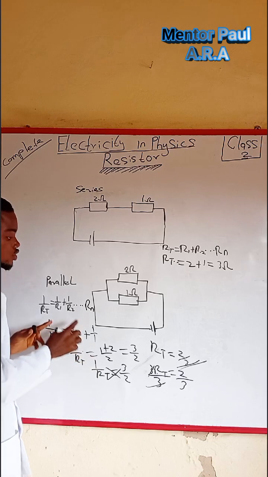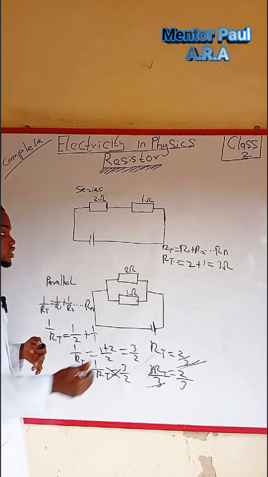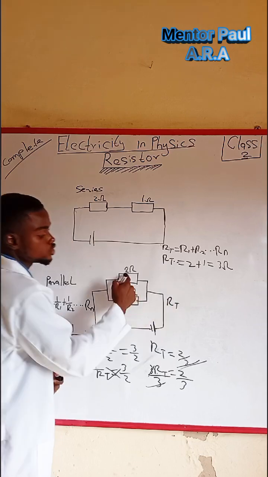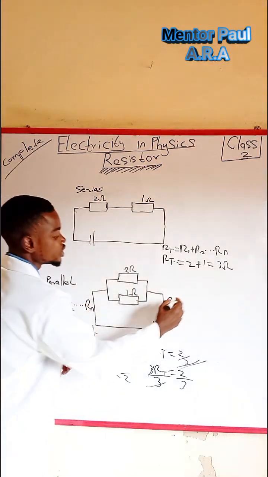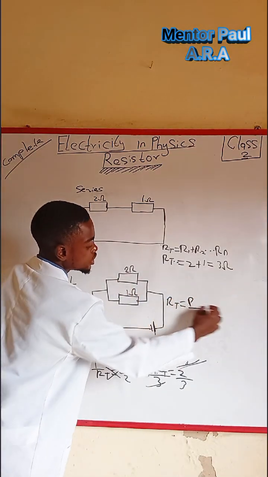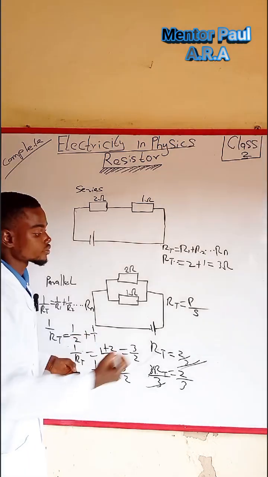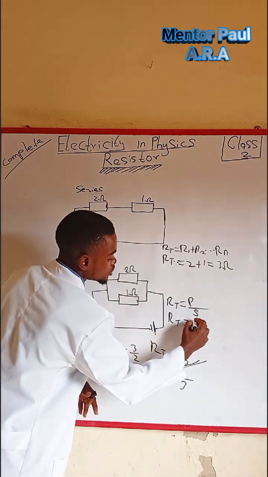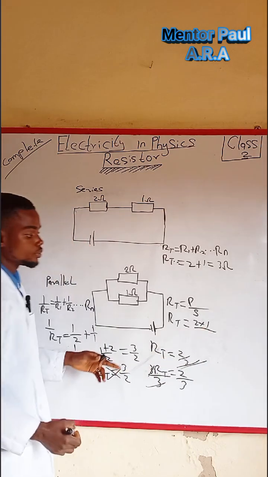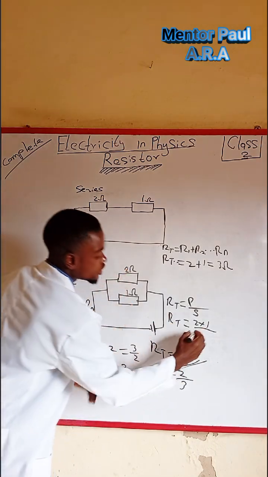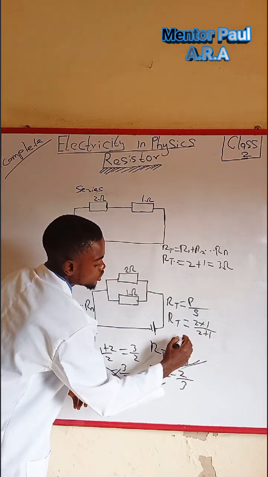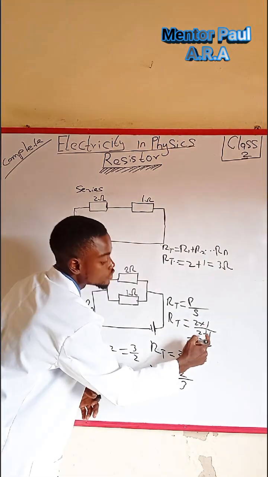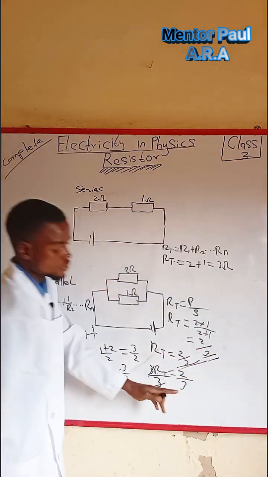Now, there is a trick. If you don't want to use this formula as a JAMB student, what you need to do is say that the R total for this one in parallel is equal to the product P over the sum S. Now the R total becomes the product of 2 and 1, which is 2 multiplied by 1, all over the sum of 2 and 1, which is 2 plus 1. That gives us 2 over 3, which is still the same thing.